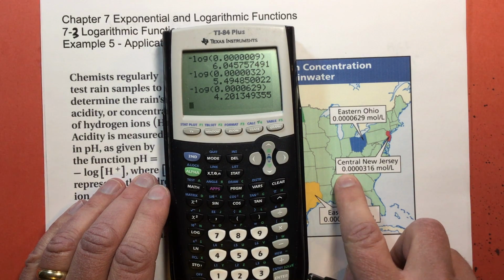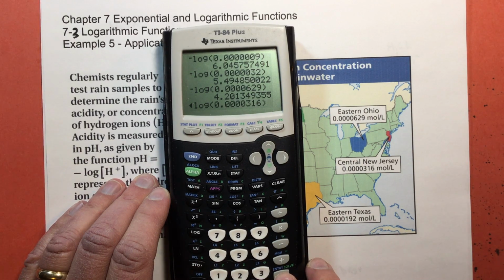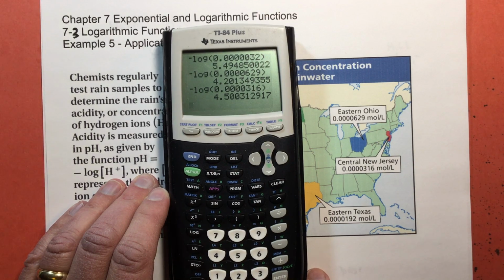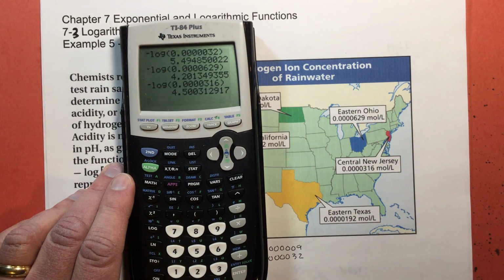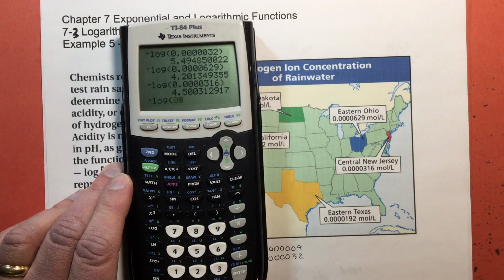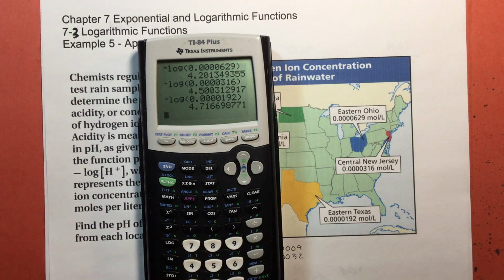New Jersey, got 4 zeros, so negative log 0.0000316, and that's going to give me an acidity of 4.5, and these two would be very close to each other. And then we'll do Eastern Texas down here at the bottom. I've got negative log 0.0000192, and that has a pH of 4.7. And those are relatively pretty acidic.